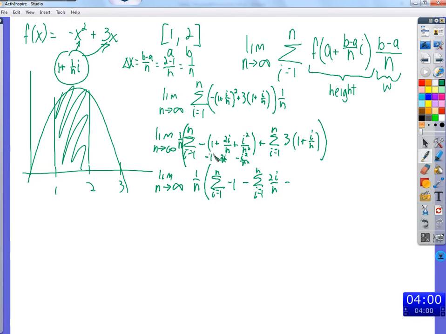These are minuses because we have minuses in front. We could also put this minus out in front here, right? Minus the sum from i equals 1 to n of i squared over n squared plus, okay, let's deal with this here. Let's pull out this constant multiple of 3. 3 times the sum from i equals 1 to n of 1 plus i over n.